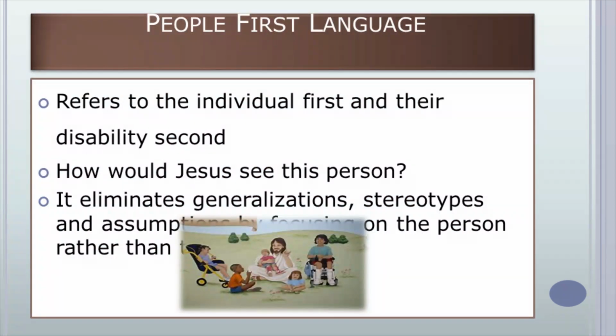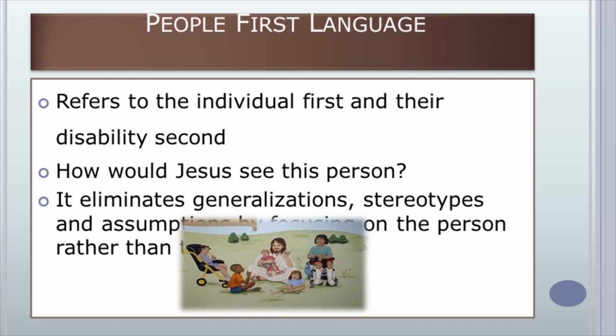So if you remember from last year, we did talk a lot about people first language. People First language is something that has been recently introduced because quite often we'll refer to an individual as an autistic kid or the Downs kid, and in the field of education, especially special education, we really want people to see the person first.